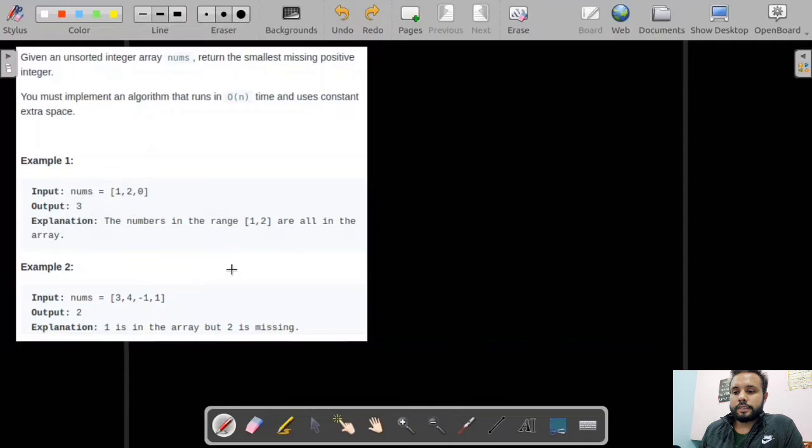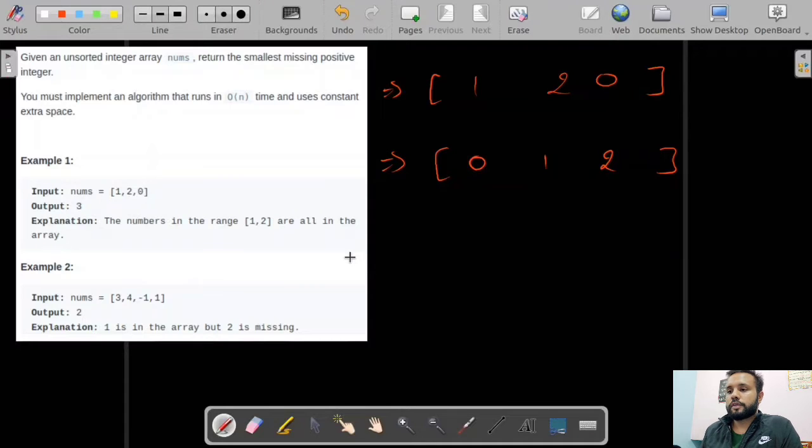So what they are saying is, we will be given an array. Okay, let's say this is our array 0 1 2 0. So they are saying if this array is sorted and all the numbers are in increasing order, then what is the first missing positive number?